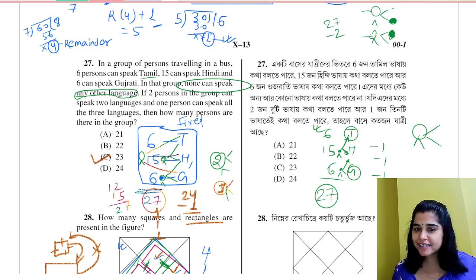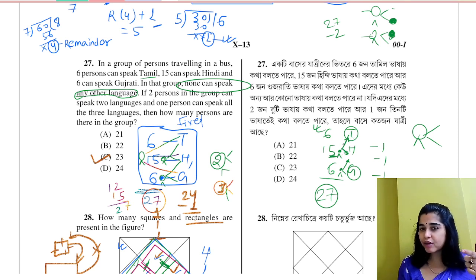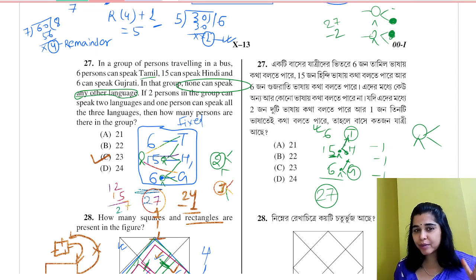So one time they consider me in the 15 as Hindi language, but I know Tamil language also. It means one time they cannot consider me because none can speak any other languages. So there is one extra. So that's why one is extra here, one is extra here, so 2 minus here.